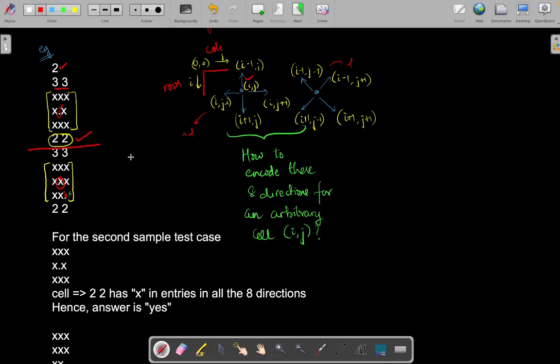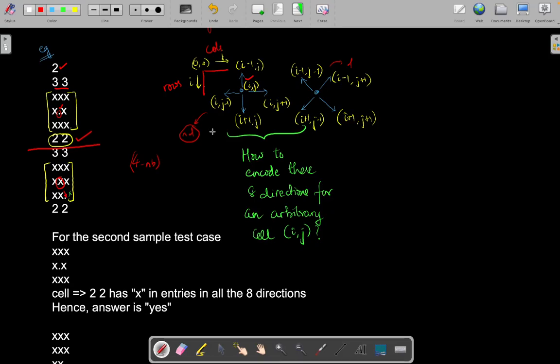Had the question been for four neighbors, it generally depends on the problem, but generally it means the non-diagonal neighbors. But in this question, we are asked about the eight neighbors of that particular cell.